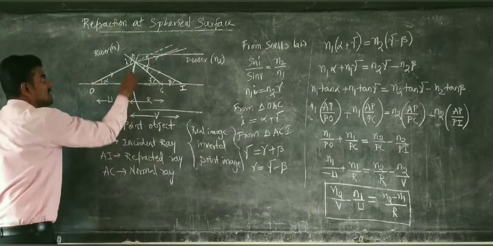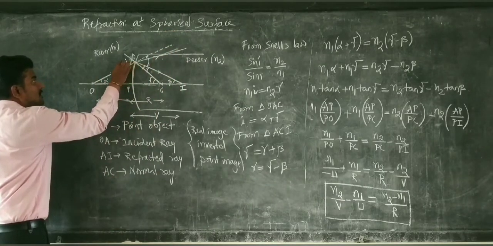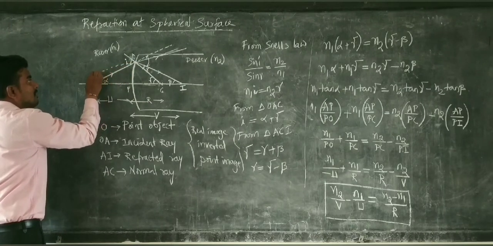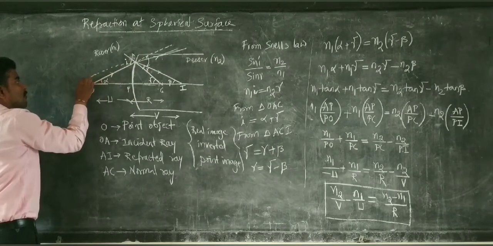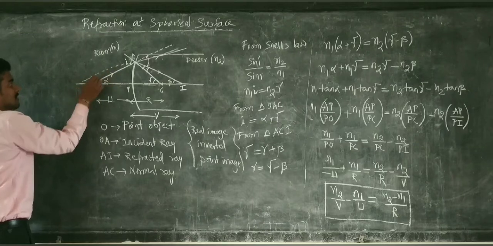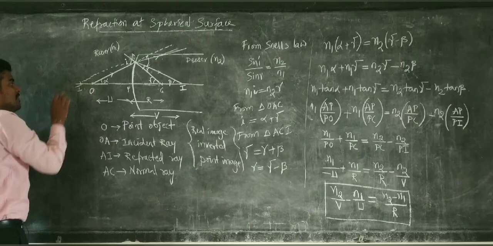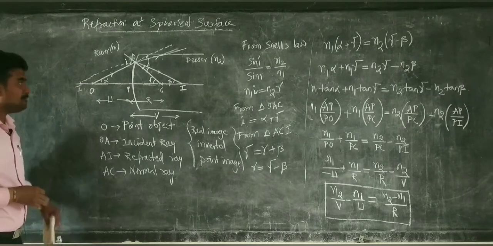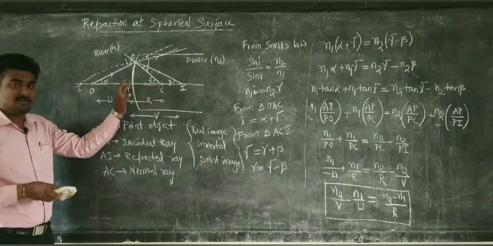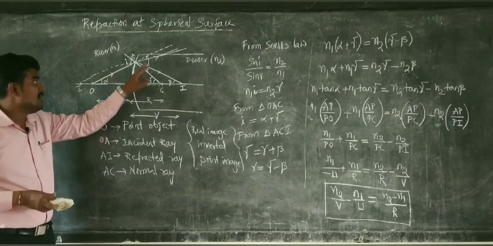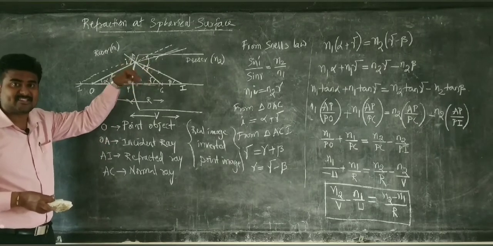In that case, we are supposed to draw the refracted ray backward, and this ray appears to meet at this location, and this image is going to be a virtual image. With the same situation, a virtual image is also possible if the ray has bent less. Understood?